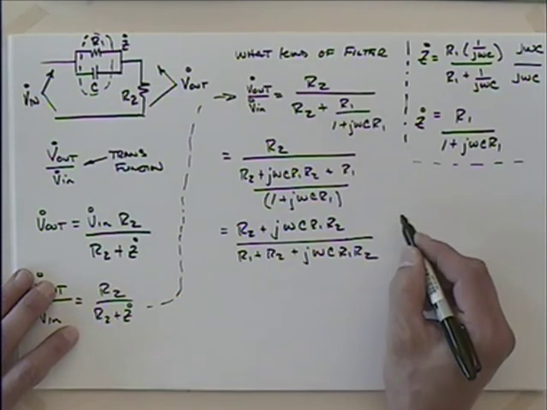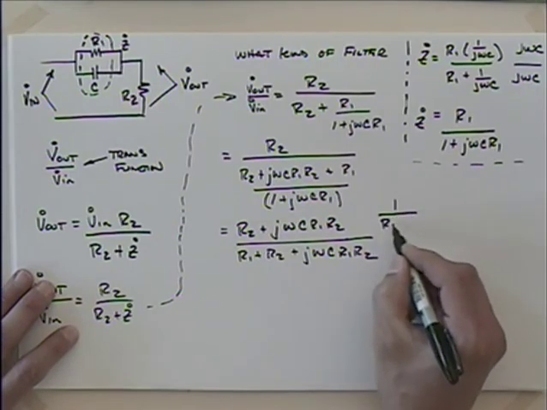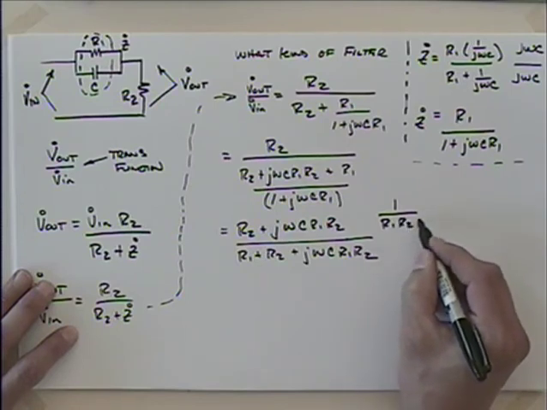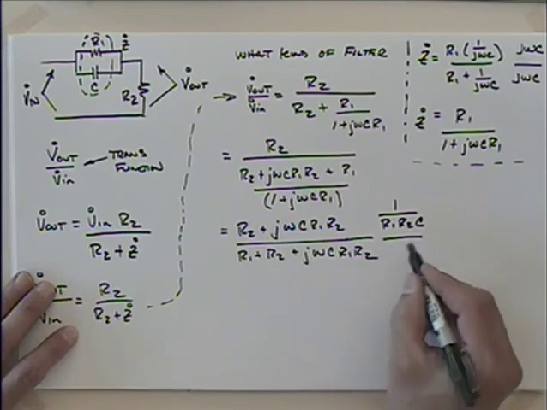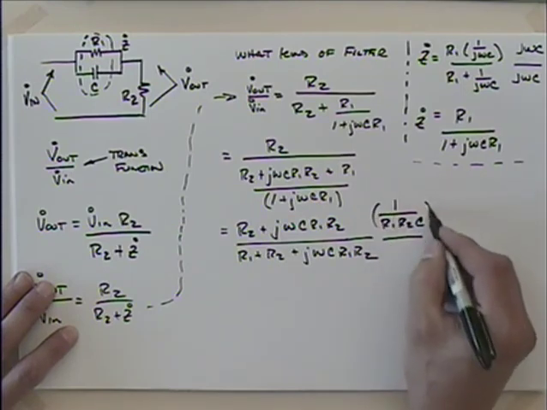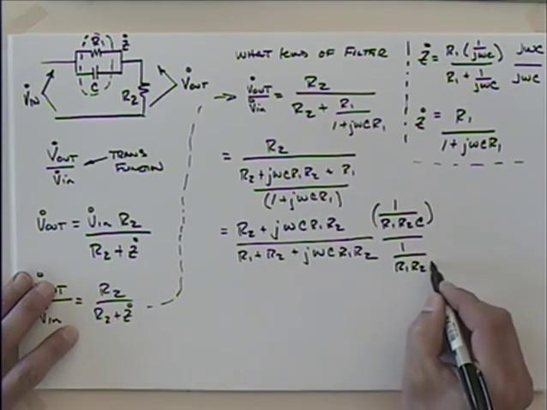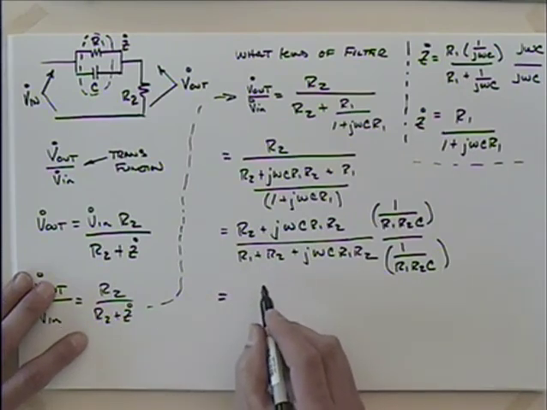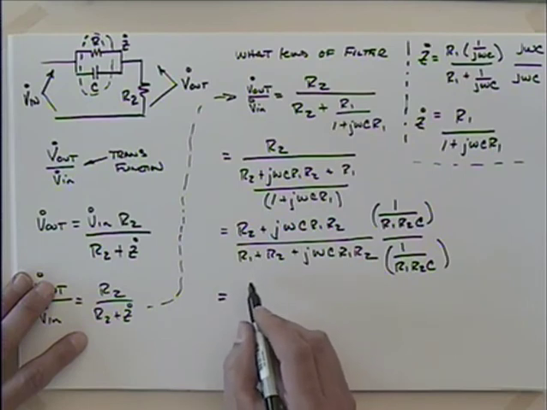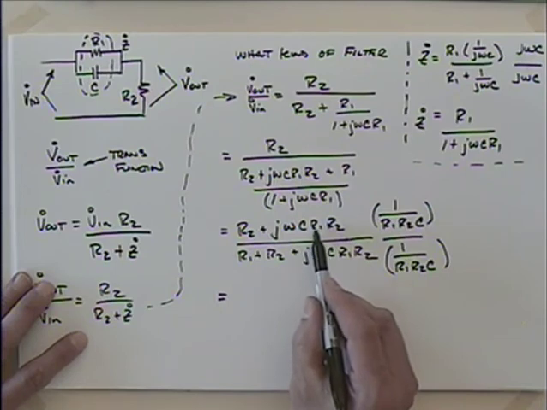I'm going to multiply by a really weird looking 1. I'm going to say 1 divided by R1 R2 times C, and then I'm going to have to do it on the bottom denominator. So this is my numerator, and I'll then have 1 divided by R1 R2 and C. So when I do that, I come up with, let's see, I get rid of that, and that.